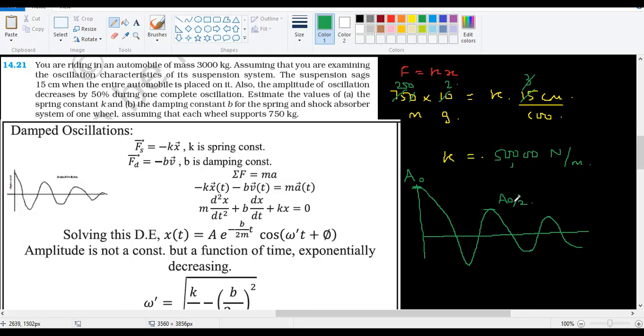This would be this divided by 2, so it will be A naught by 4. So I am going to take the distance between this point and this point. So that will be my one time oscillation.